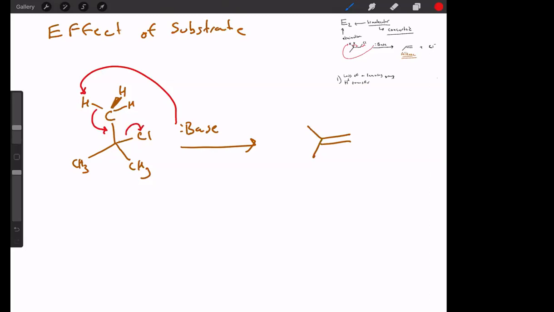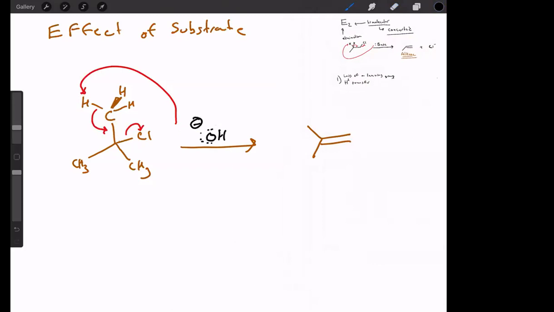So what's happening? What's the action here? The action is that we have a base, and the base in this case is doing a proton transfer. What if I actually specify the base? What if we come in here and we say, okay, the base is hydroxide ion.